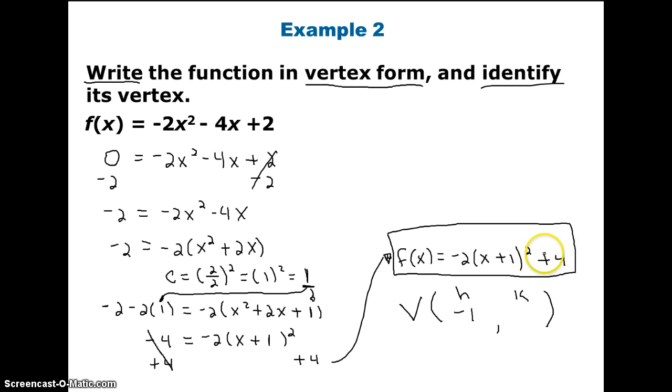And k is the one at the end, outside of the parentheses, and that's positive 4. Keep the sign. This number here is a, negative 2, which is the same one as in the standard form. Standard form has a negative 2 as a, so we must have the same a. They're the same parabola. So we do have vertex form here, and this is the standard.